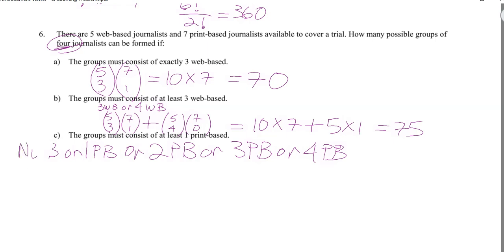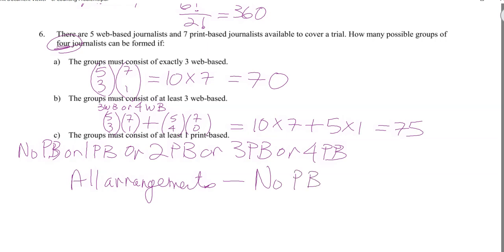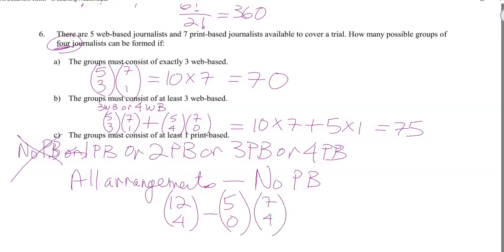So what we're going to do is take all arrangements minus no print-based. That leaves 1 or 2 or 3 or 4 print-based. So all arrangements is 12 choose 4.